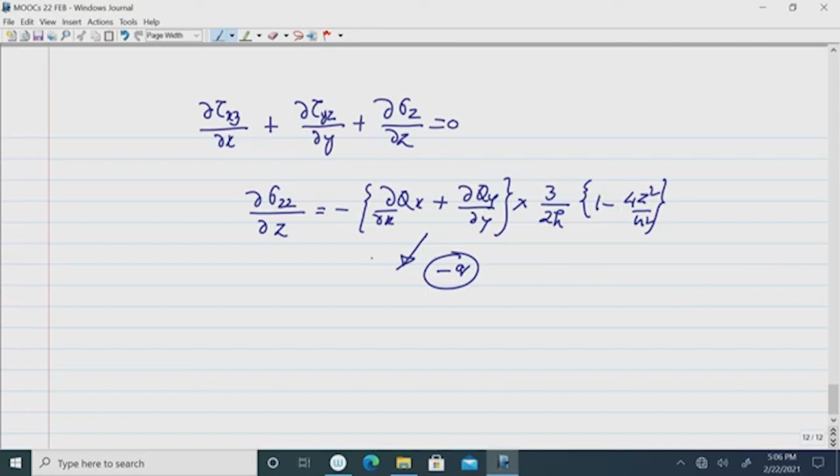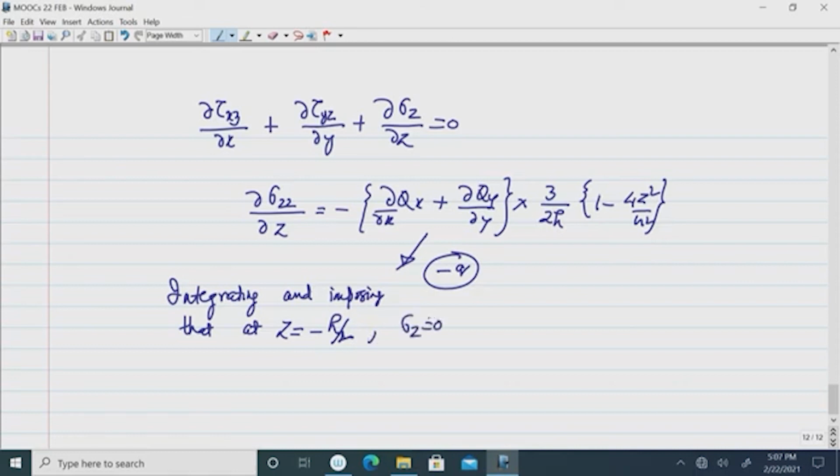So, then after integrating and imposing the condition that at z equal to minus h by 2, when the bottom is free from any load, this sigma z is 0.